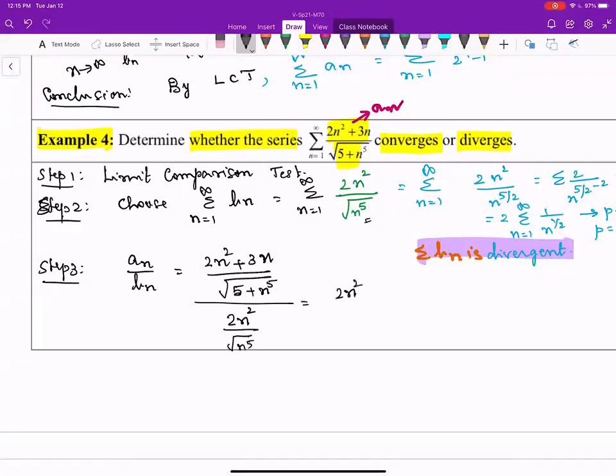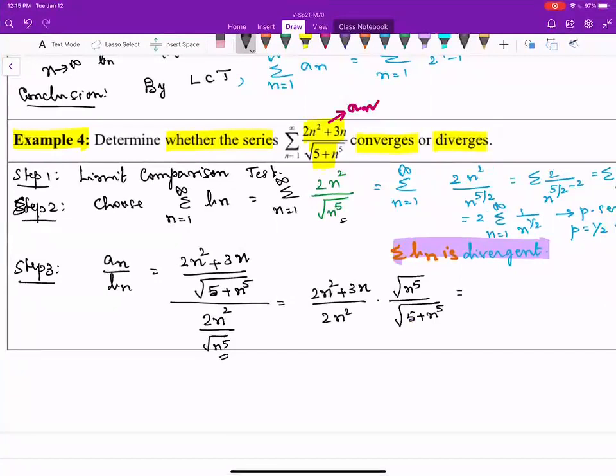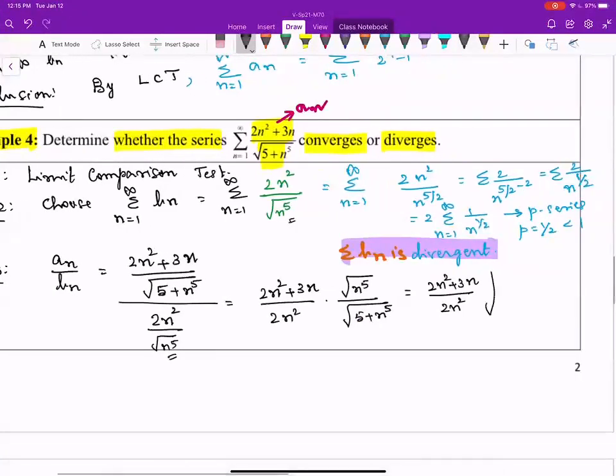So you flip and multiply: 2n square plus 3n divided by 2n square. Then this expression goes to the numerator: square root of n to the power 5 divided by square root of 5 plus n to the power 5. That is 2n square plus 3n divided by 2n square, times square root of n to the power 5 divided by 5 plus n to the power 5.